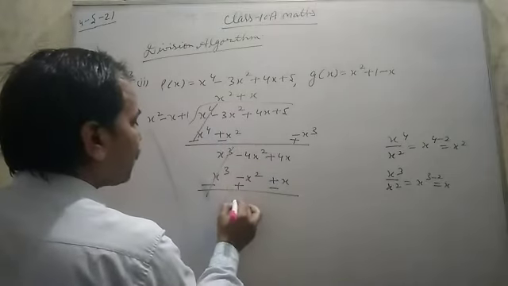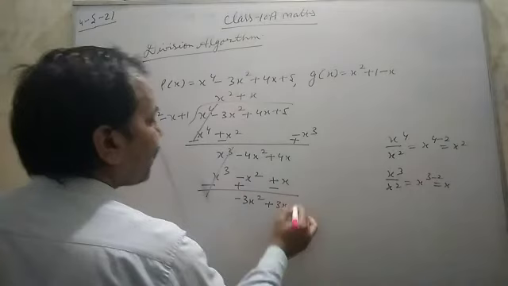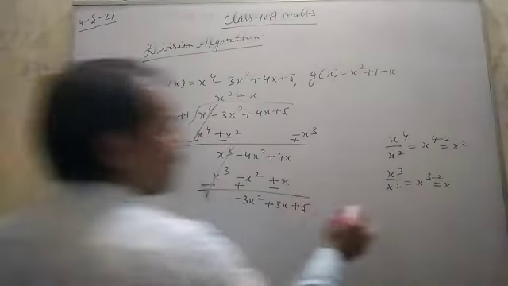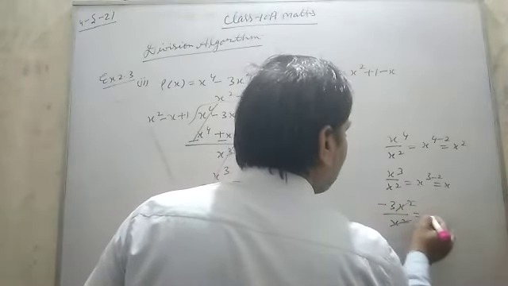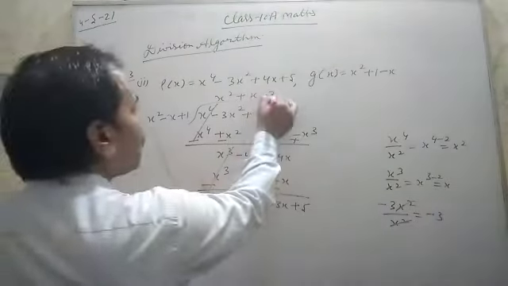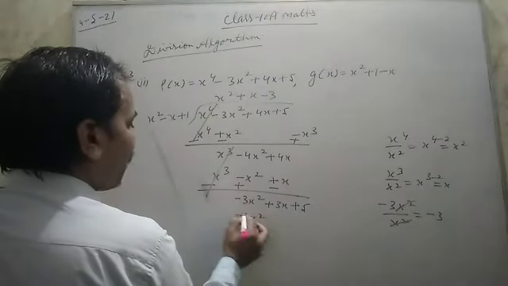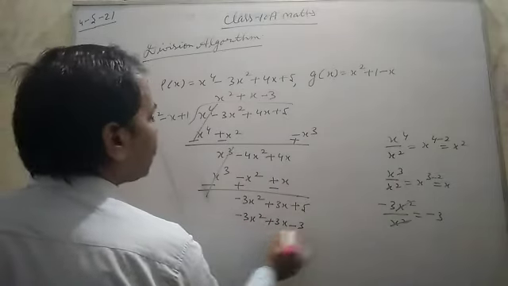Cancel. Minus 4 plus 1 is minus 3, plus 3x, and plus 5 is also remaining. Now minus 3x square and here x square, so minus 3x square upon x square is minus 3. Write here minus 3. Multiply in all terms of the divisor: minus 3x square plus 3x minus 3.